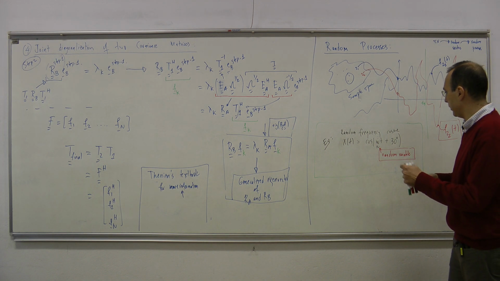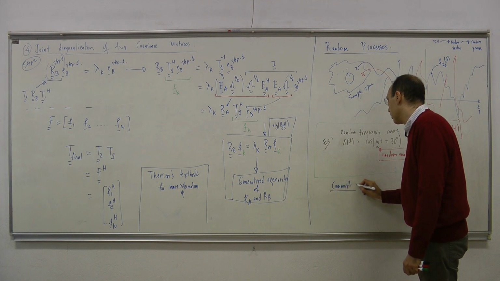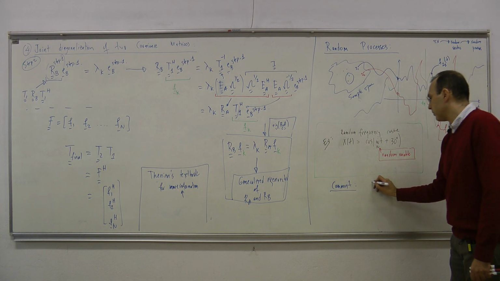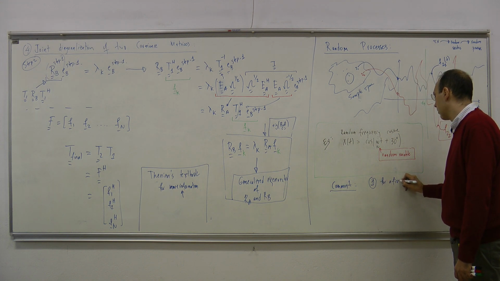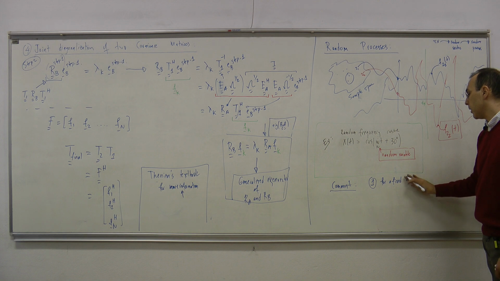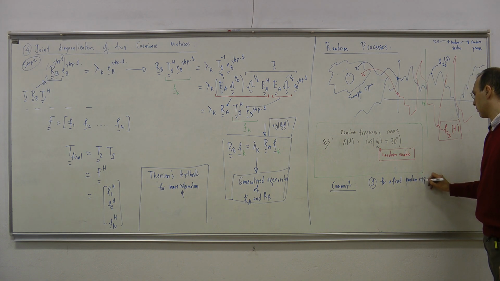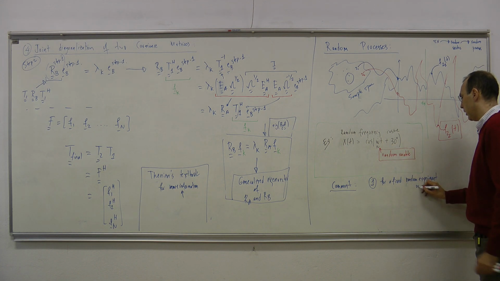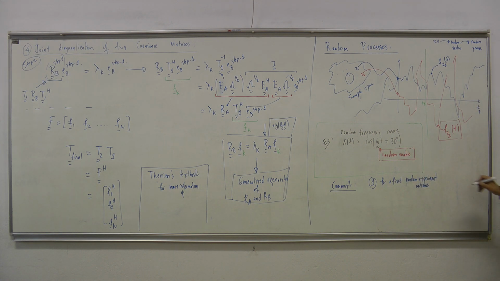So I want to write a comment. These comments are very important. So number one, for a fixed random experimental outcome, this frequency you may say. So somebody is telling you the random experimental outcome that is in, let's say, gamma k over here.